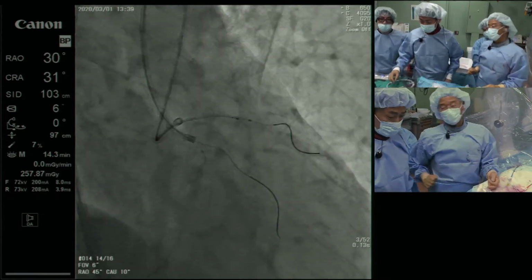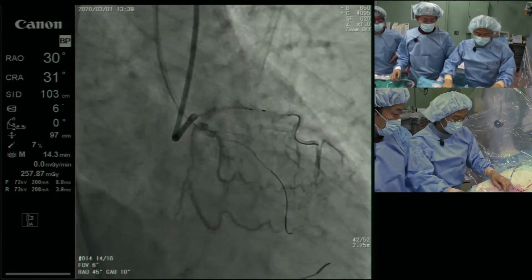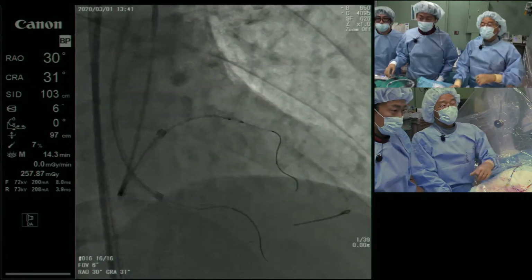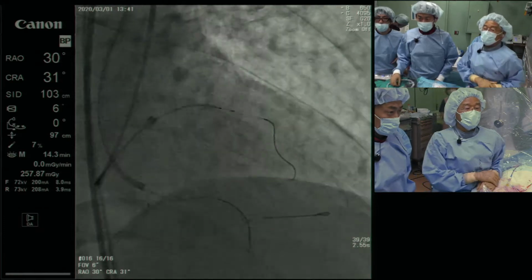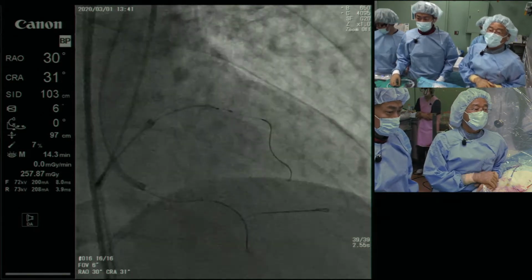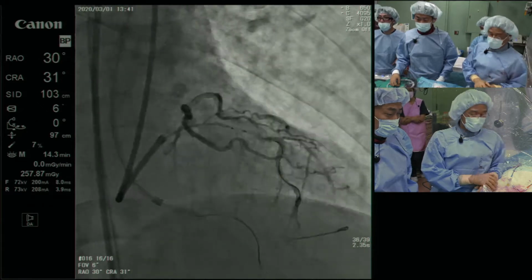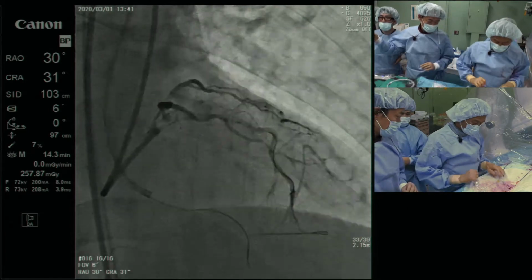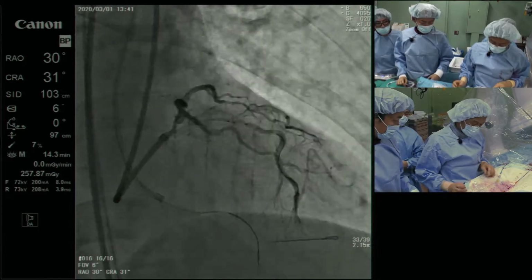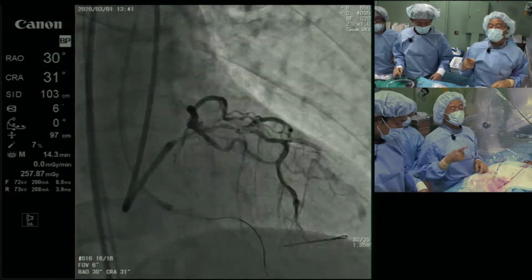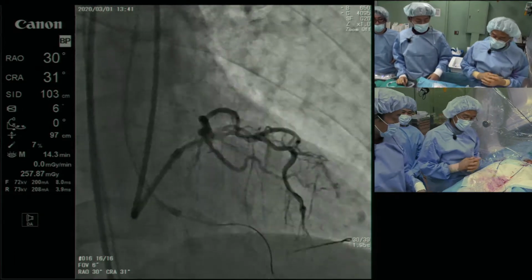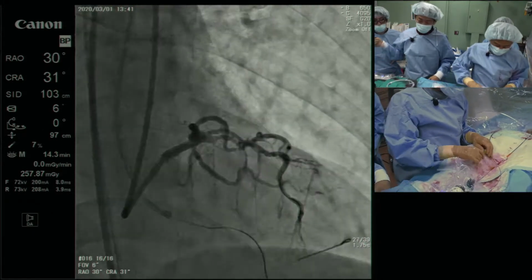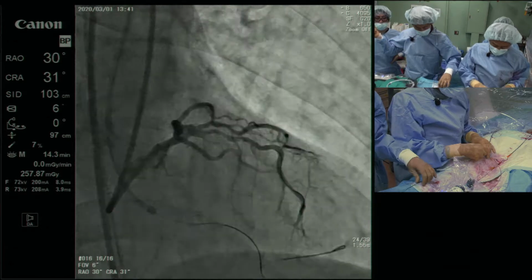So I will try to puncture the CTO entry. Of course, we cannot see the entry clearly from the angio, so we need IVUS guidance to get into the CTO. For IVUS-guided wiring, we prepared a special system. I use one guide wire and an IVUS catheter on that guide wire. Also the Sasuke is on the same wire.